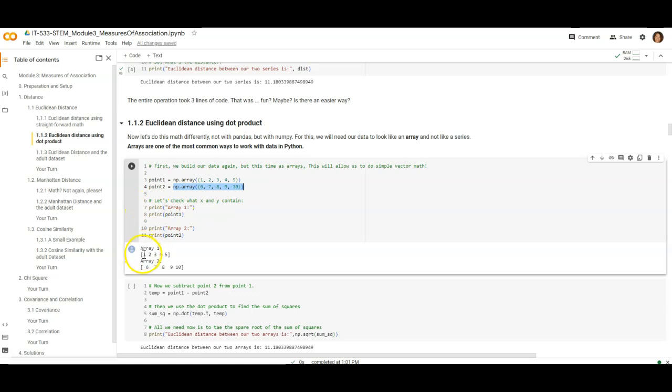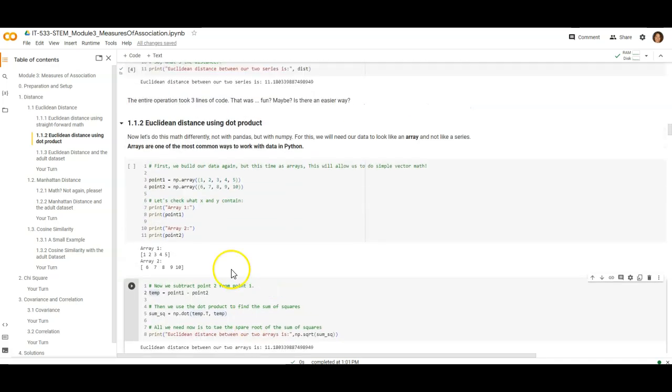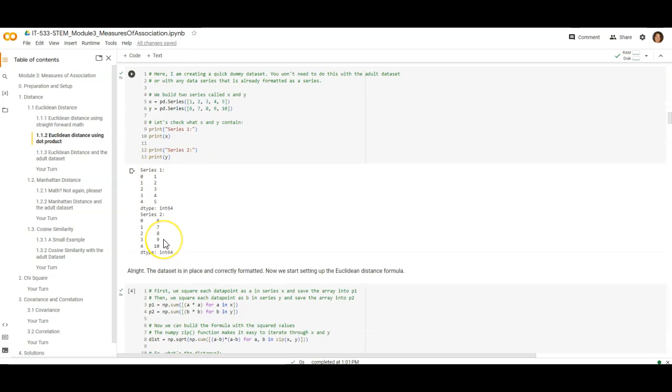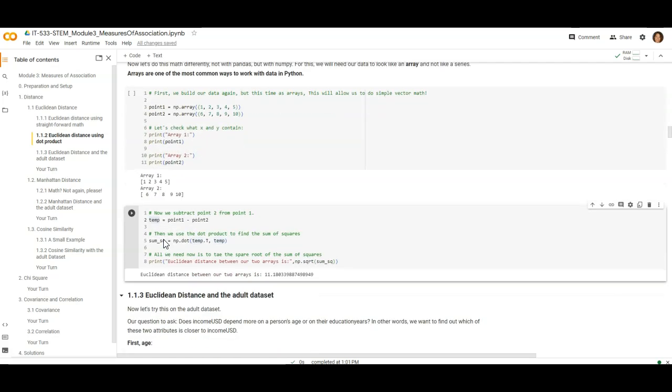And we see here that the first array is our 1, 2, 3, 4, 5, and the second array is our 6, 7, 8, 9, 10. And these arrays are basically the same as the series up here, only in array format.